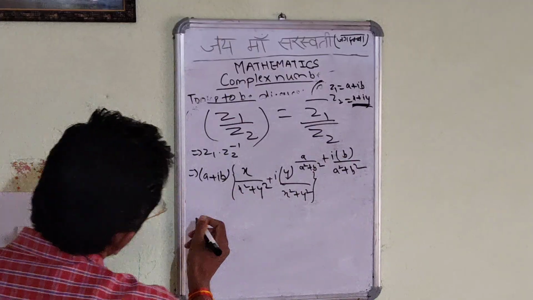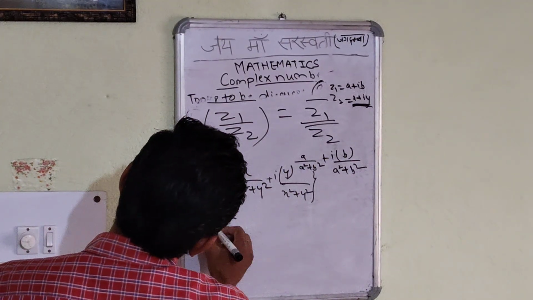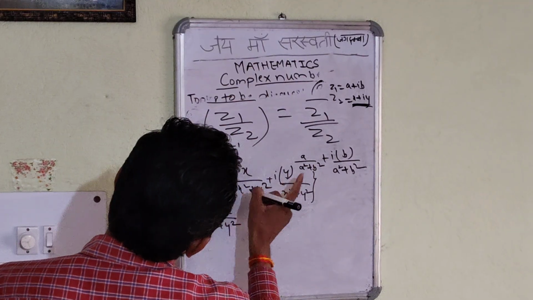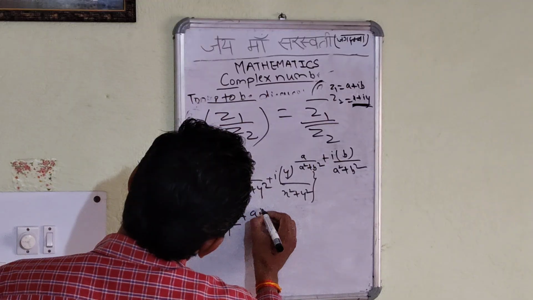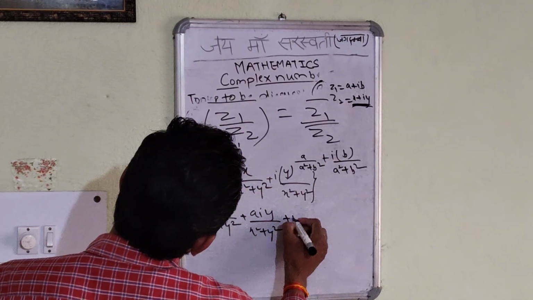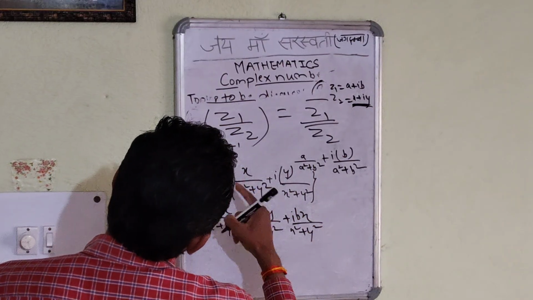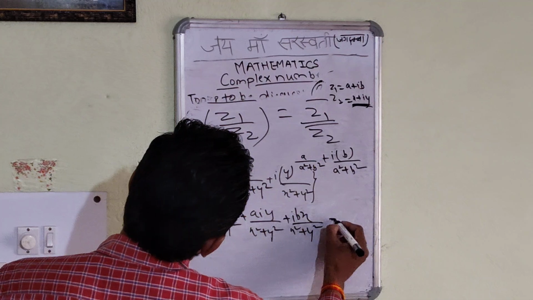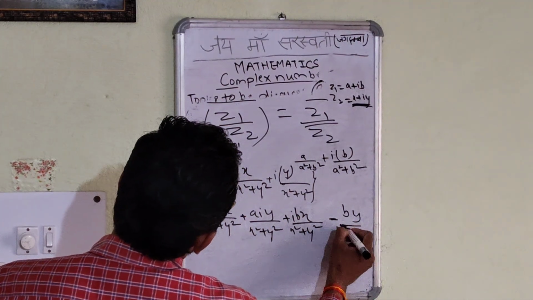If we multiply it again, it will be equal to AX by X square plus Y square plus AIY by X square plus Y square plus IBX by X square plus Y square, and I square is minus 1, so minus BY by X square plus Y square.